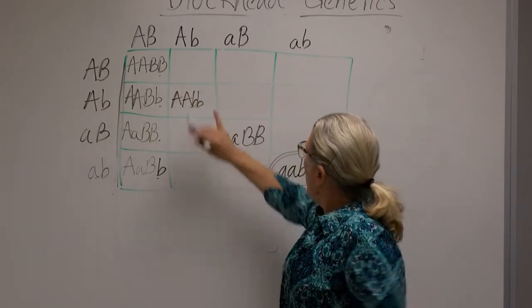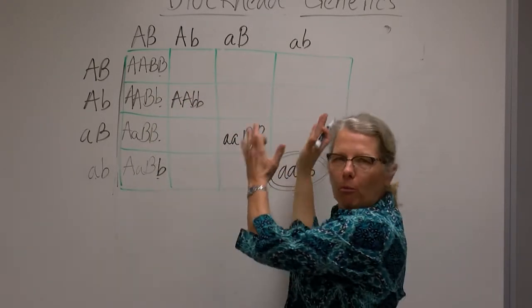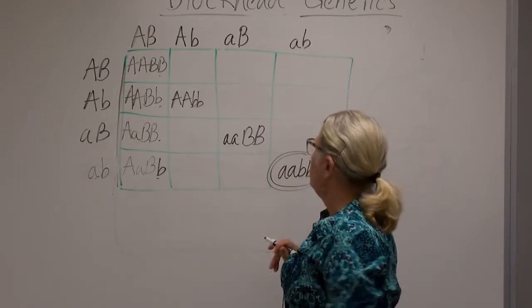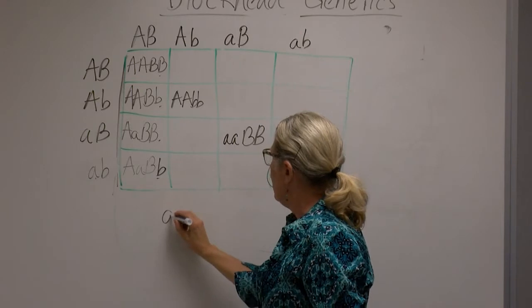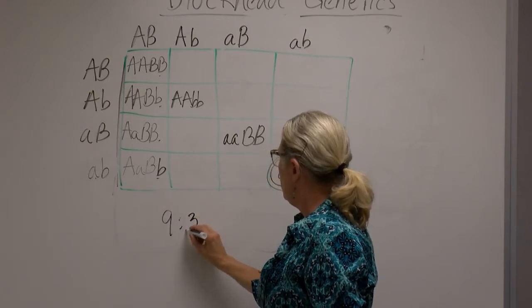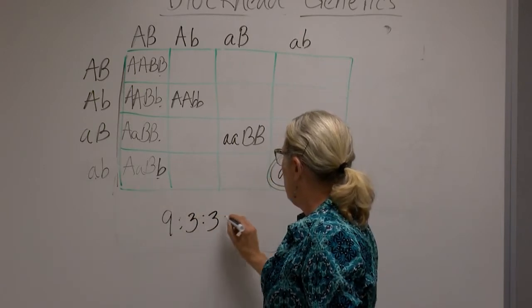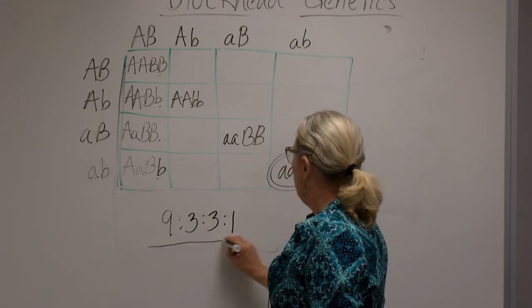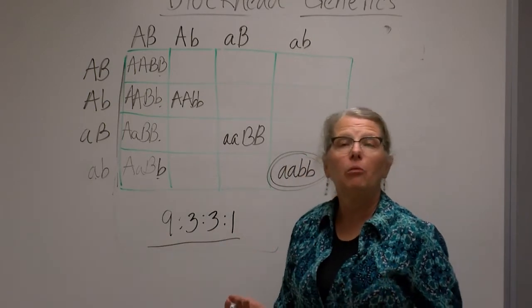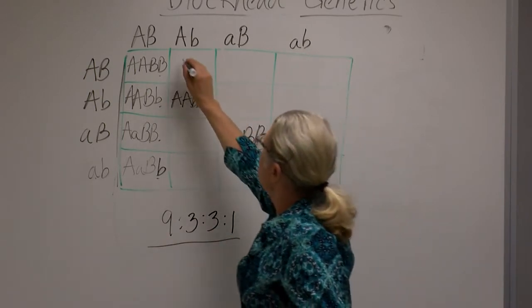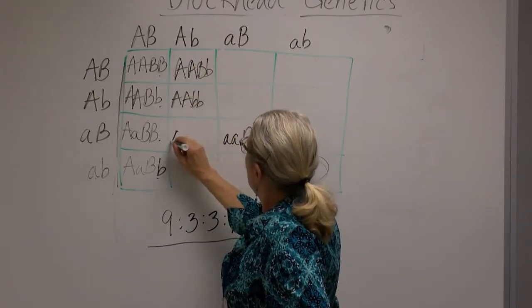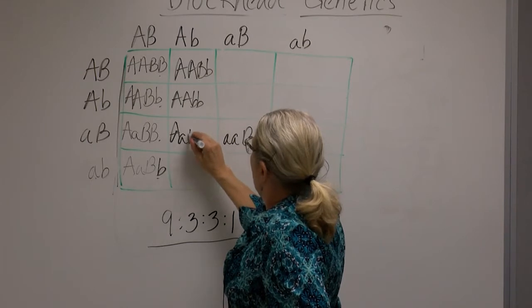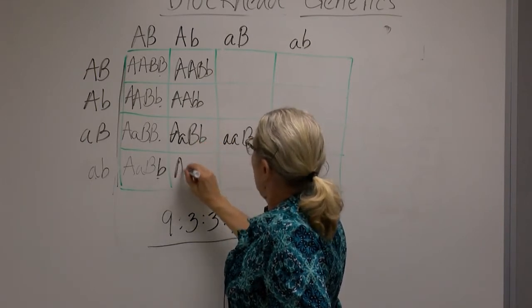When you do all the squares, and like I said, I will put a square up on Canvas, what you end up with is a 9 to 3 to 3 to 1 ratio. You end up with a 9 to 3 to 3 to 1 ratio. And I feel like I can just do that right now just to get it over with.